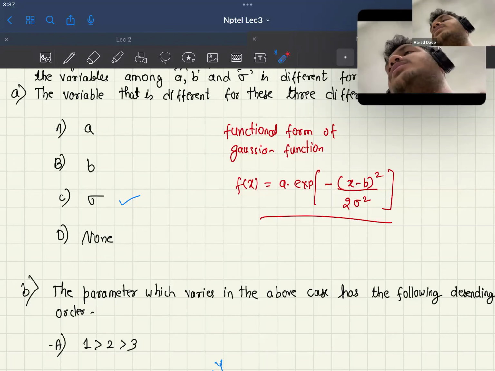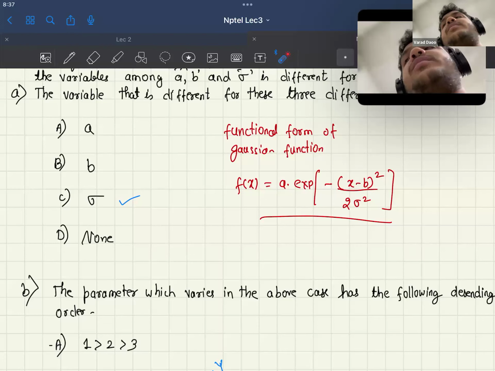Does anybody have any question? If no, then we'll move on to the next question. We'll just wait a couple of minutes for everybody else to join.